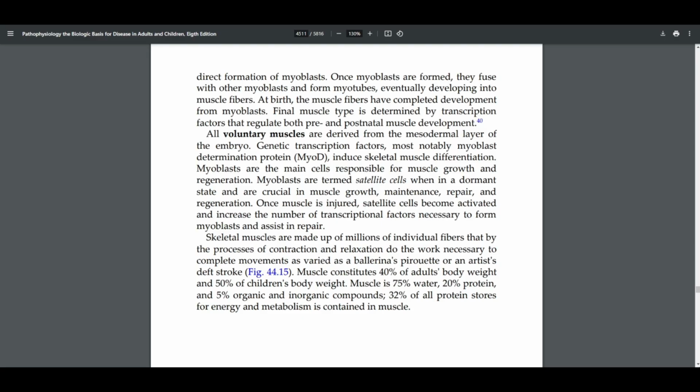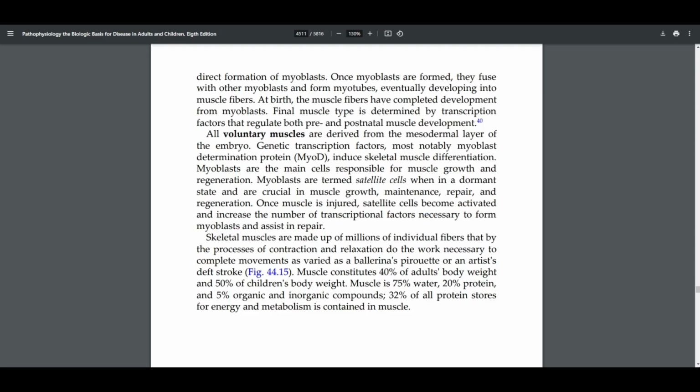Myoblasts are the main cells responsible for muscle growth and regeneration. Myoblasts are termed satellite cells when in a dormant state and are crucial in muscle growth, maintenance, repair, and regeneration. Once muscle is injured, satellite cells become activated and increase the number of transcriptional factors necessary to form myoblasts and assist in repair.